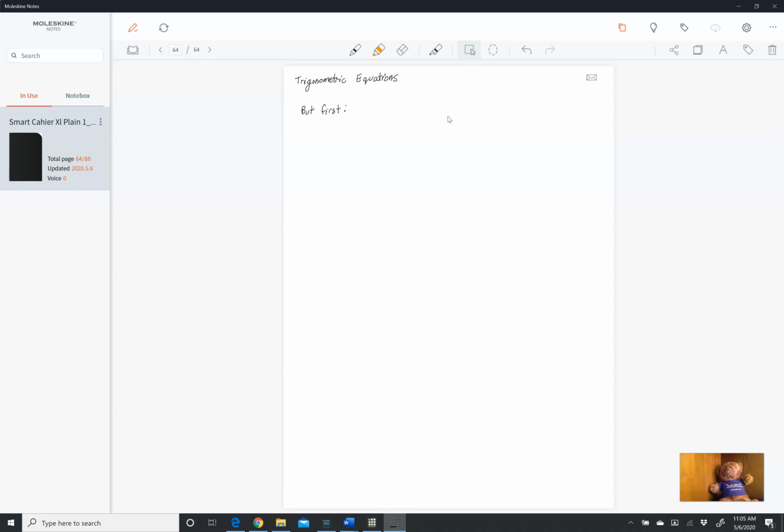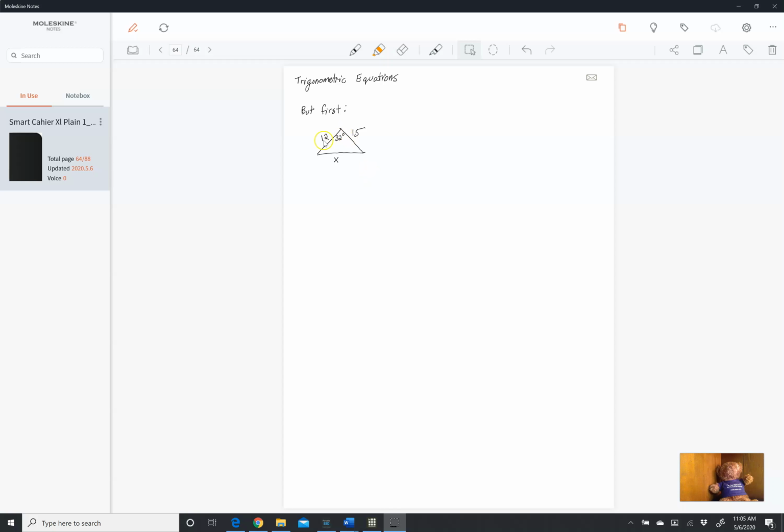So if we take an example, just any old triangle, and we say that this side is 12, this is 32 degrees, and this side is 15. And we want to find this side. Now we cannot use the Pythagorean theorem because the Pythagorean theorem only applies to right triangles. So we have to use something else, okay?